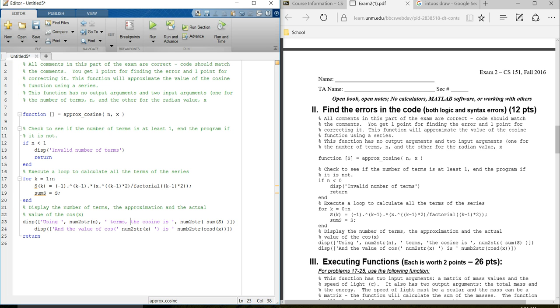And then num2str of x is, and we have num here. And I think that's it. So we had 1, 2, 3. Is that all we did in the for loop? 3, 4, 5, 6.